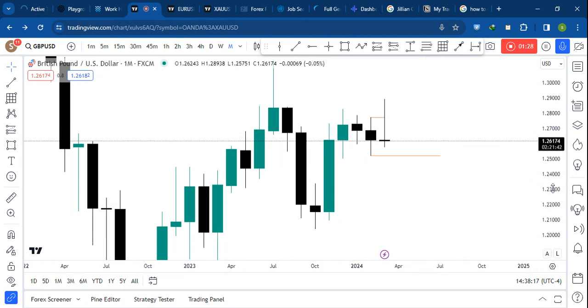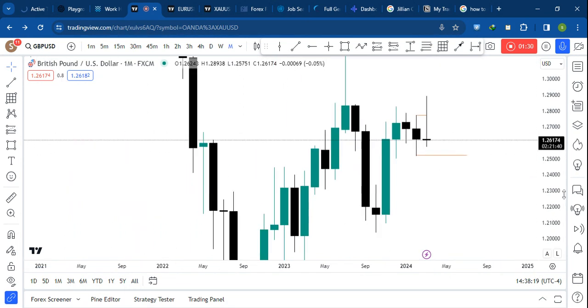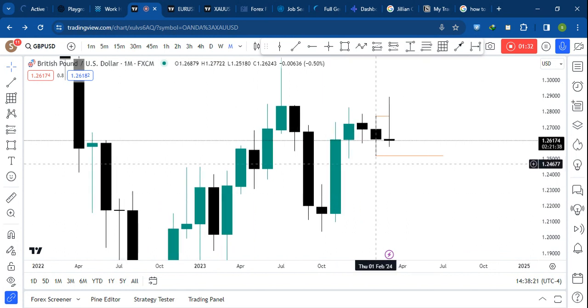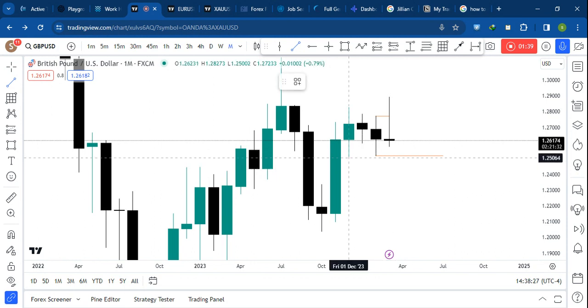Then we look at, even if it is going to hunt the previous low of the last month, there's also the low which was created in December 2023 based on a monthly perspective.